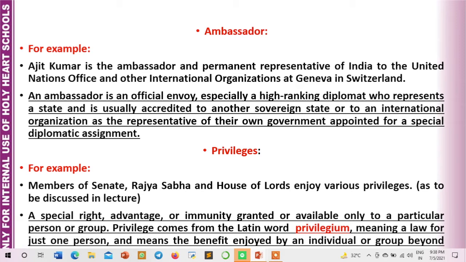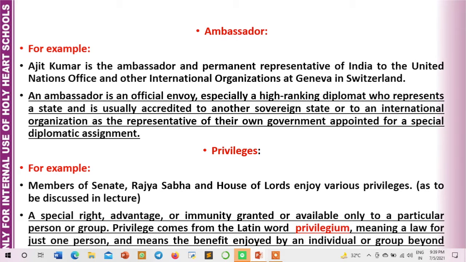The first key term is ambassador. Through an example, I will make you clear. Ajit Kumar is the ambassador and permanent representative of India to the United Nations Office and other international organizations at Geneva in Switzerland. So you see, Mr. Ajit Kumar is living at Geneva in Switzerland and he is representing India in all the offices which are at Geneva in Switzerland.